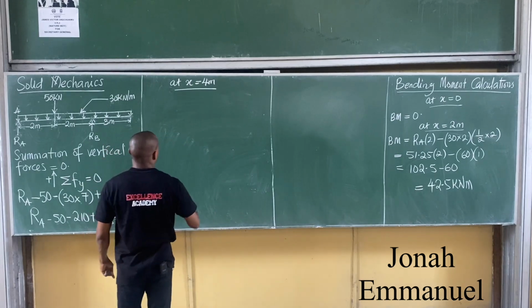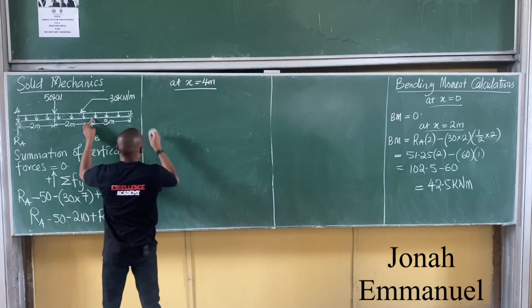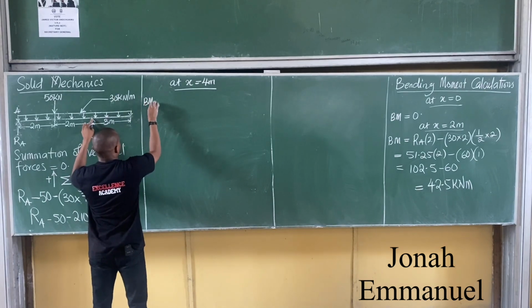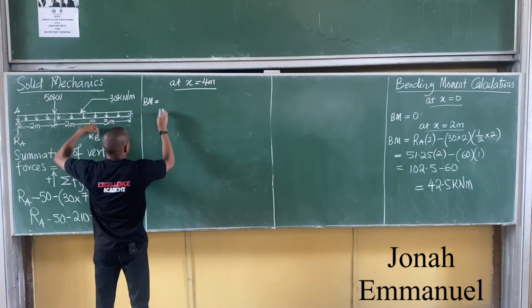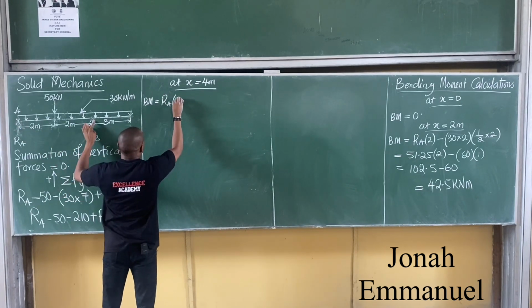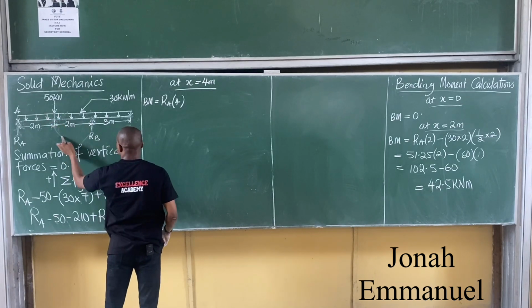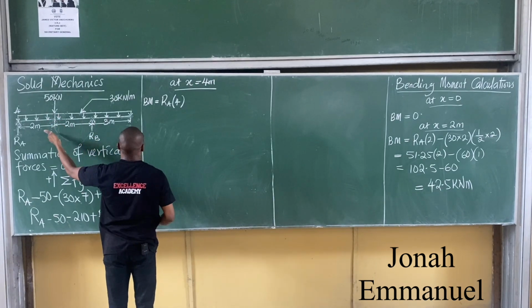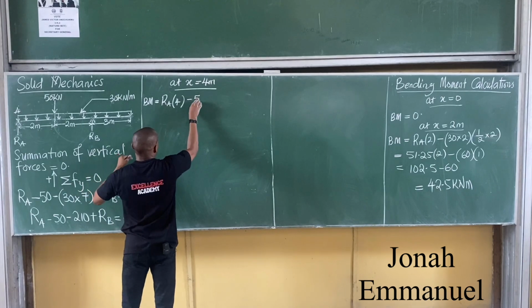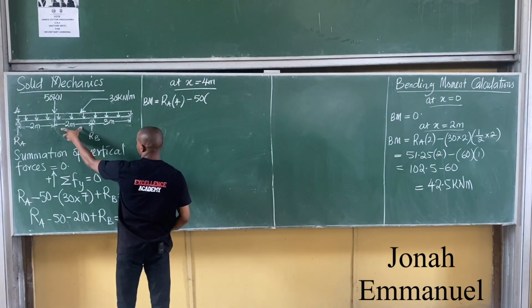Let's get this done at x equal to 4 meters, that's here. My bending moment is equal to clockwise RA times distance 4. Next up, you can see this 50 force coming this way, that becomes anti-clockwise: minus 50 times the distance from this point, that's 2.